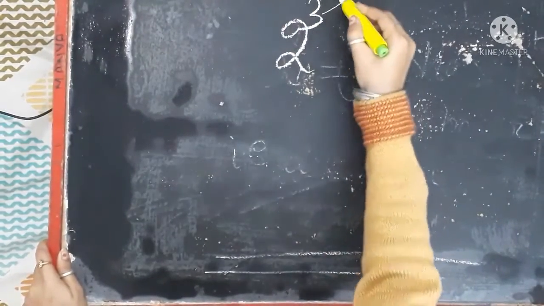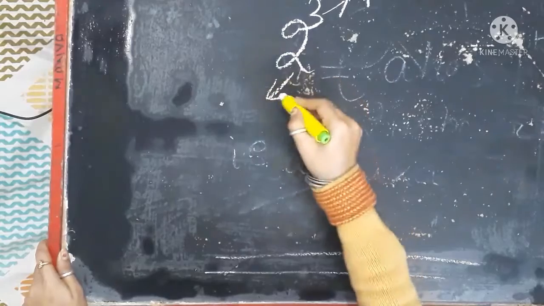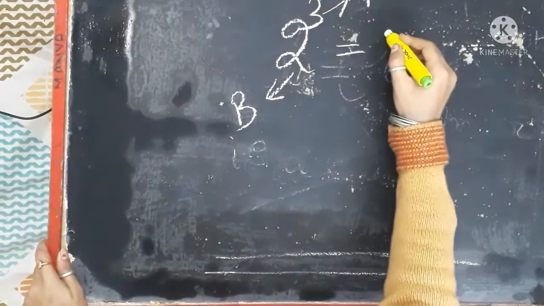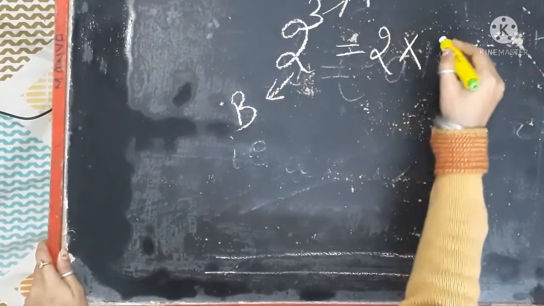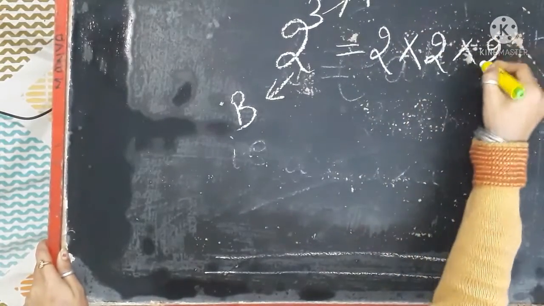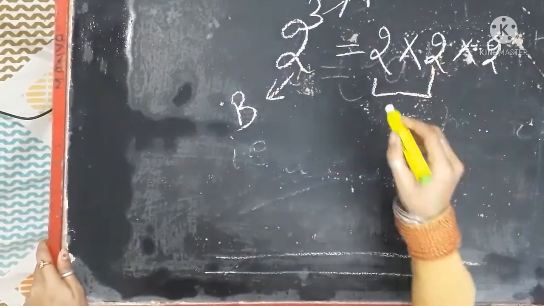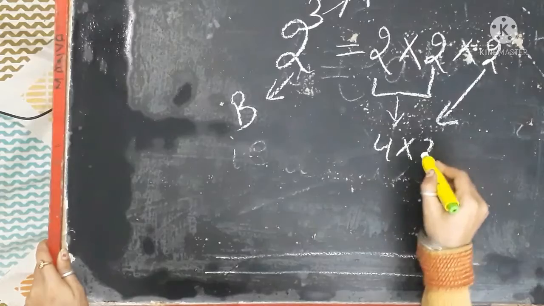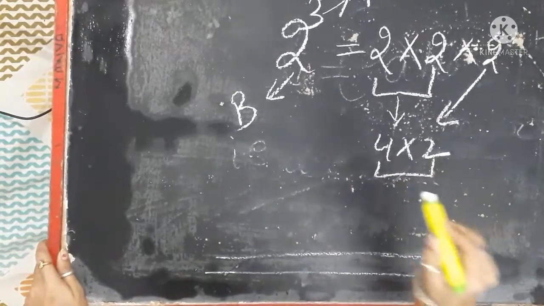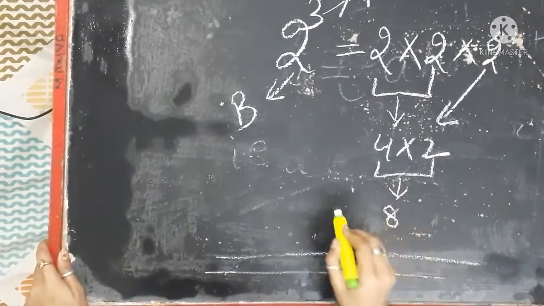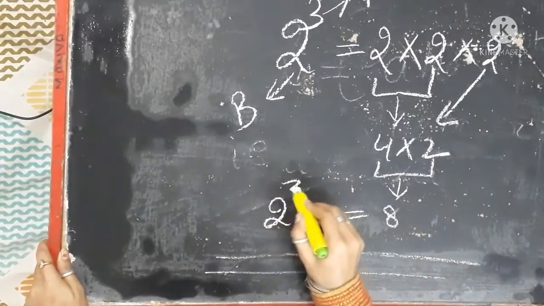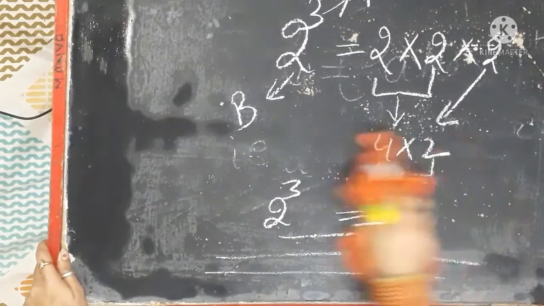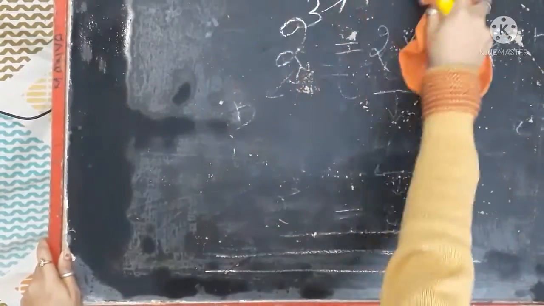So 3 is the power and 2 is the base. So here we can write 2 raised to the power 3 is 2 into 2 into 2. If we multiply 2 into 2, that becomes 4, and 2 again comes here. So 4 into 2 is equal to 8. So we can say that 2 raised to the power 3 is equal to 8. I hope you understand this fact.